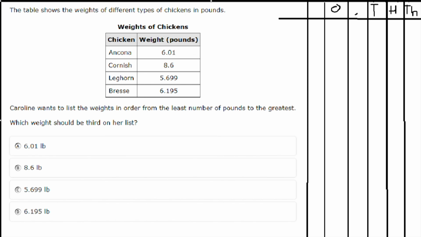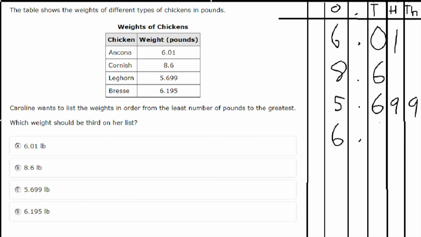All right, now let's put our numbers into our place value chart. So we have 6.01, we have 8.6, we have 5.699, then we have 6.195.